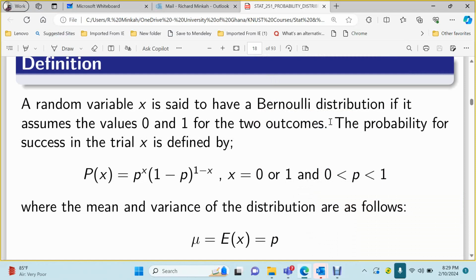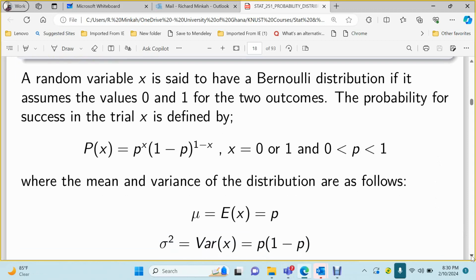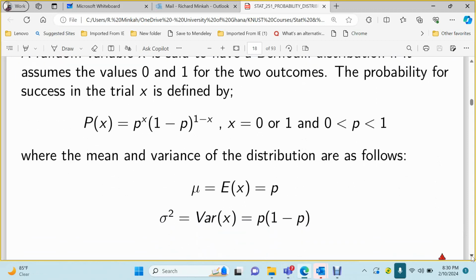So there it is. That's what you have over here, right? Please, can you see it? Yes, we can.